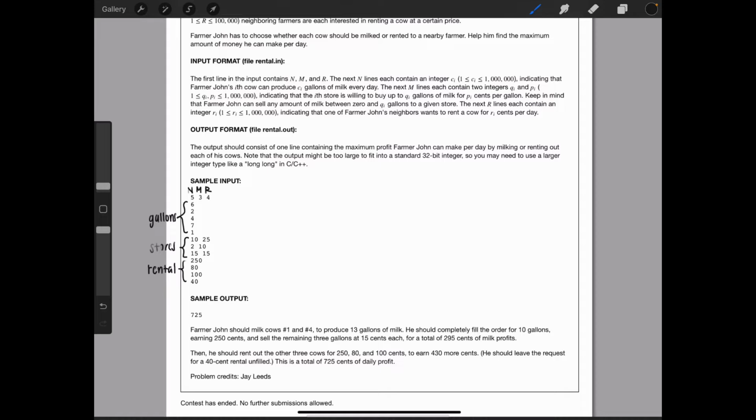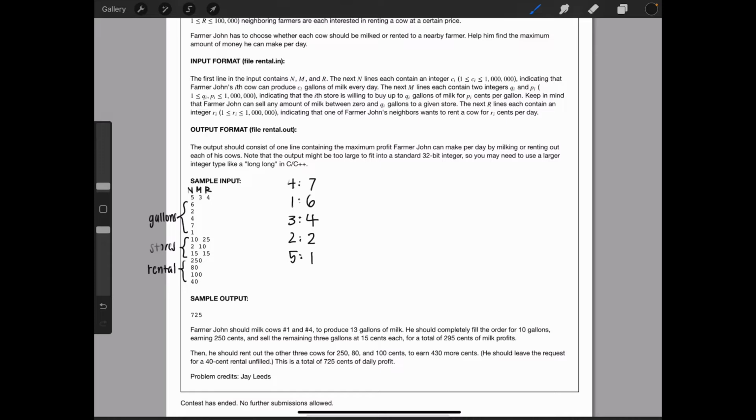The easiest way to go about this is sorting the cows by the amount of gallons that they can produce. Here we have cow 4 can make 7 gallons, cow 1 can make 6 gallons, cow 3 can make 4 gallons, then 2 gallons, and the last one, cow number 5, can only make 1 gallon.